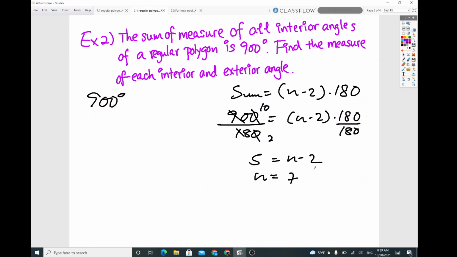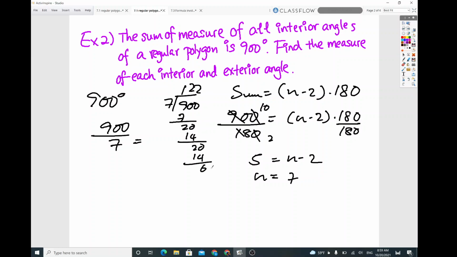Now find the measure of each interior angle. The sum of all the interior angles is 900, so it's 900 divided by 7. That's not divisible, but certainly we can divide it using long division. 1 times 7 is 7, bring down the 2, 2 times 7 is 14, then 20, 2 times 7 is 14, then 60, and 8 times 7 is 56.